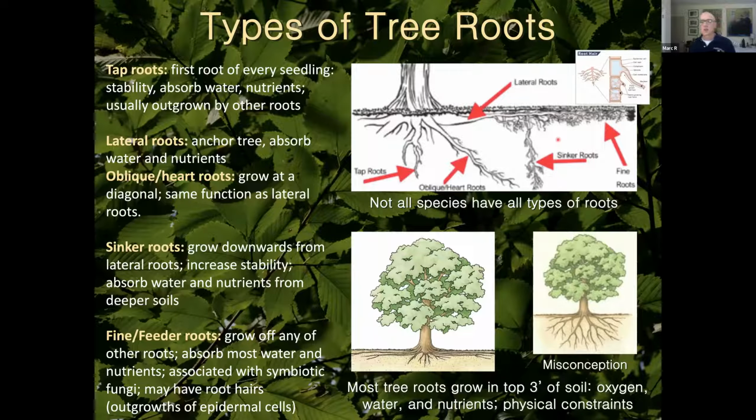Then fine roots can grow off any of these other types of roots. And that's where most of the interactions take place, most of the absorption of nutrients from the soil and water, and also where most of the interactions with soil organisms take place. In some trees, a lot of roots, but not all species have them, there are root hairs, which are extensions of the epidermal cells, of individual cells of the roots.